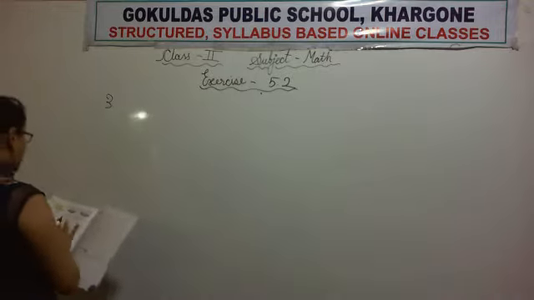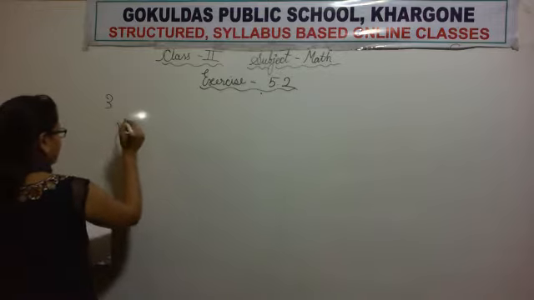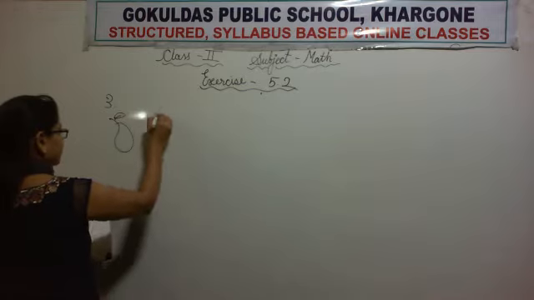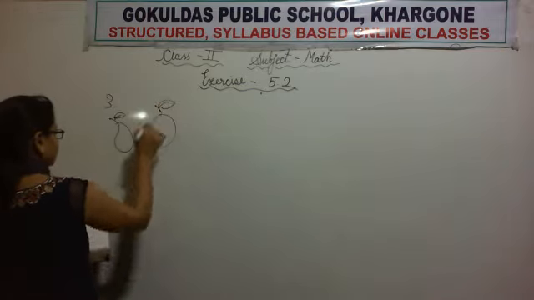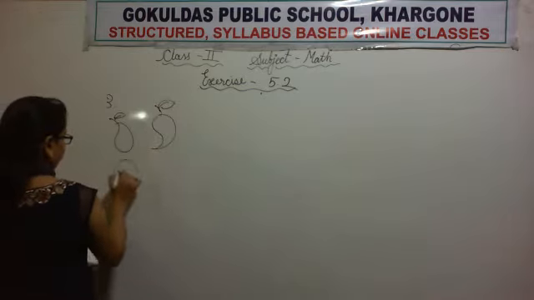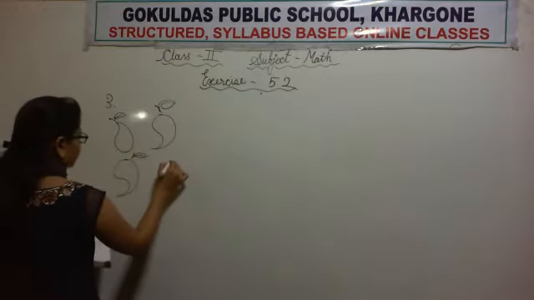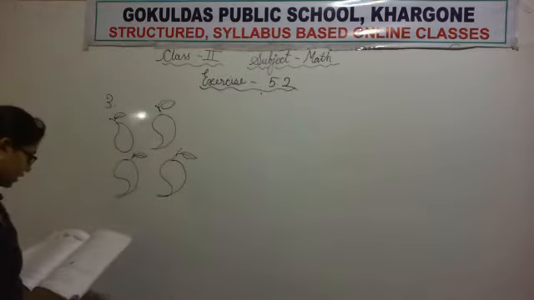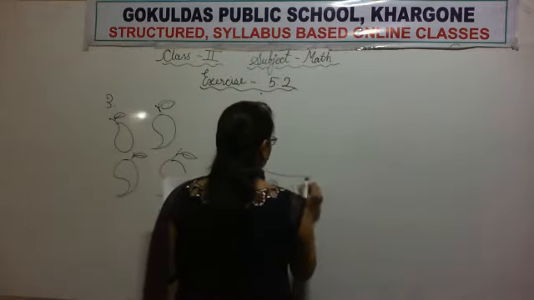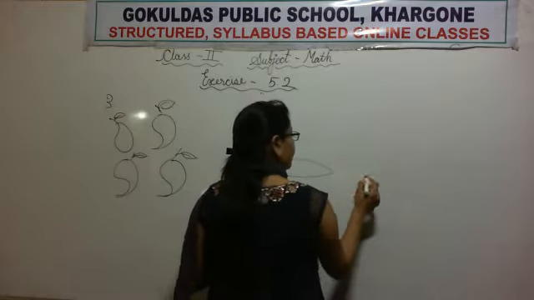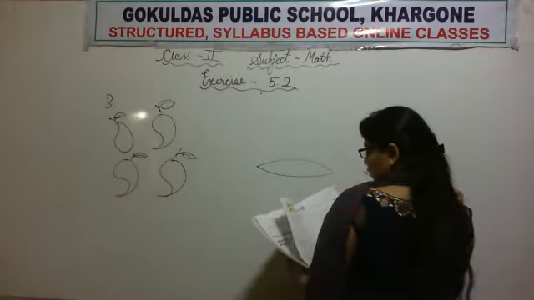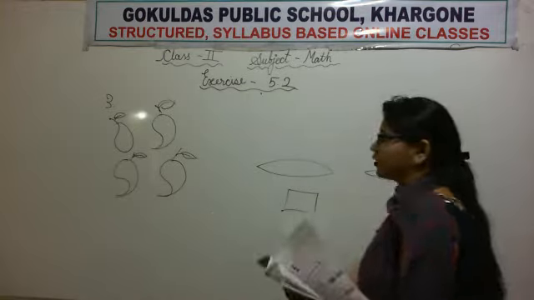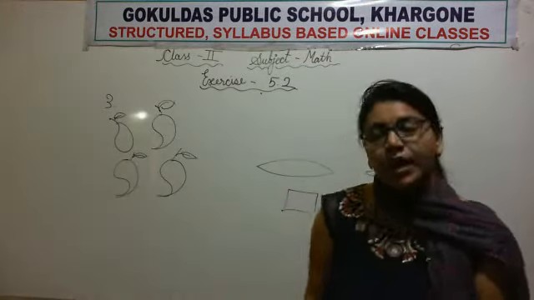So how many mangoes are there? 4 mangoes. These kinds of mangoes are given there, and 2 plates are given there. So let's distribute them.